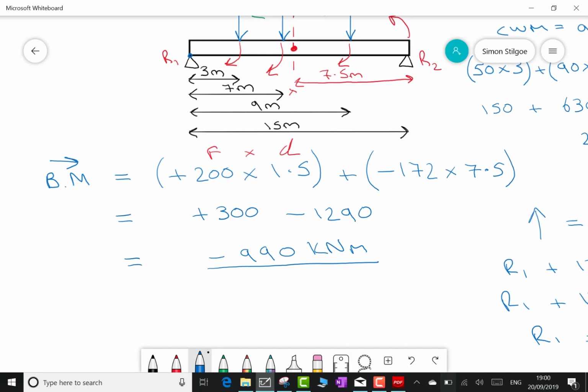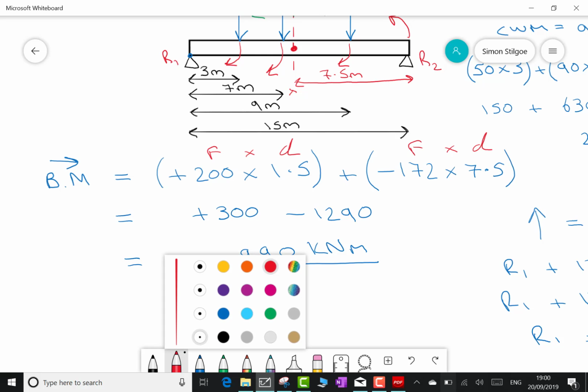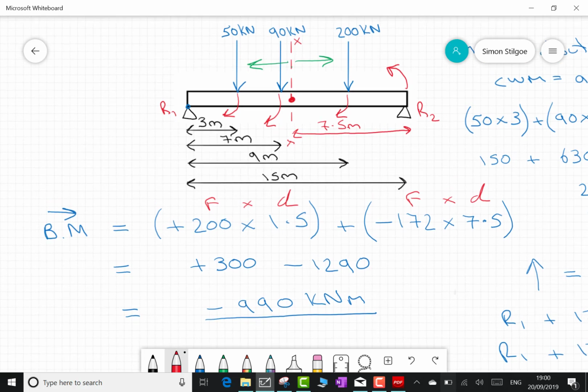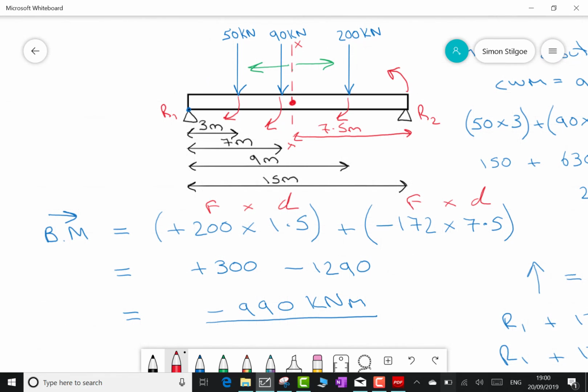The unit is kilonewton meters because it is a moment, a force multiplied by a distance. So our 990 kilonewton meters, indicated by a negative sign, means that on the right of our section XX, our moment is going in an anti-clockwise fashion.